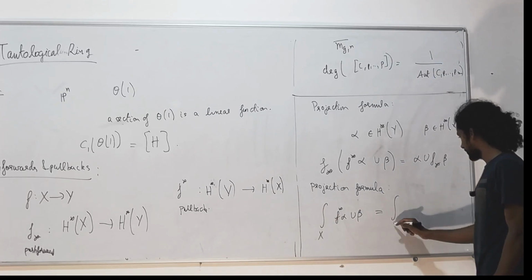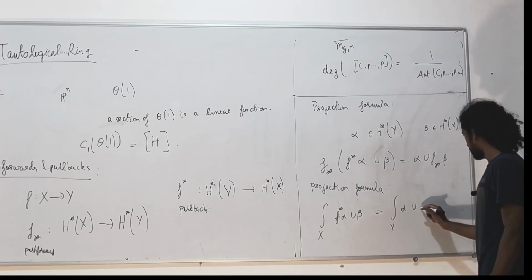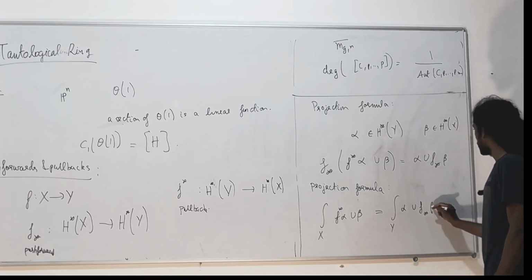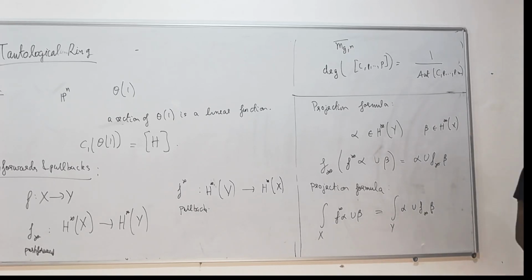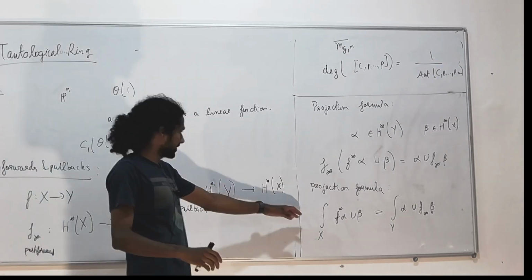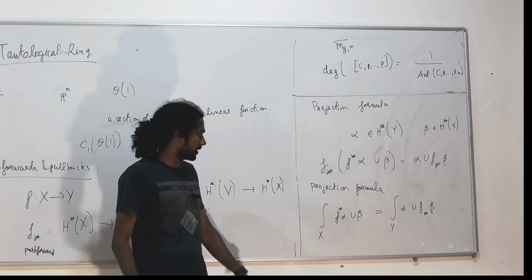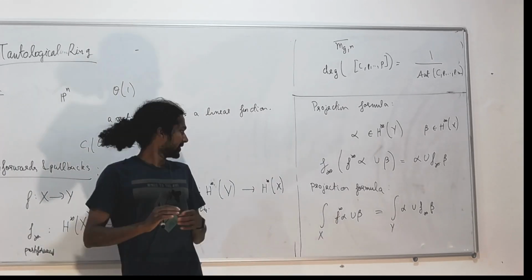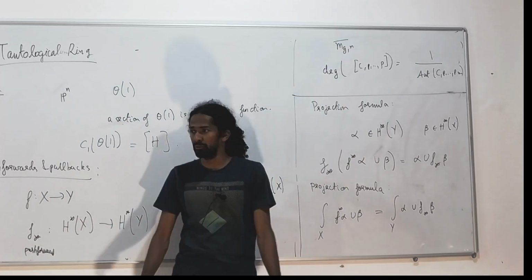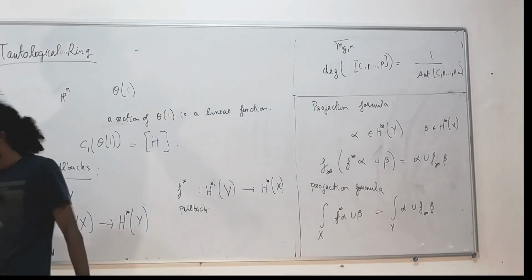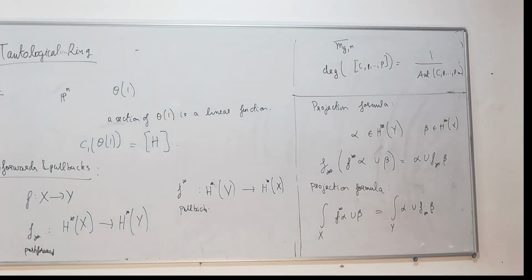It's actually the integral in Y. That's not very hard. One way to think about integration is pushing forward to a point, and you just first push forward to Y, and then you push forward to a point. So, okay, I'll stop, and I'm really sorry for going over time.